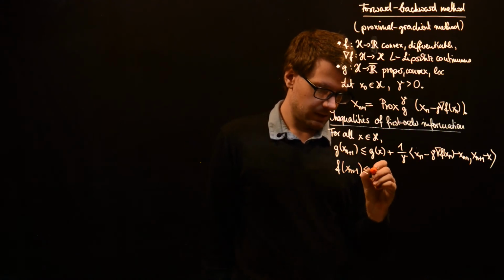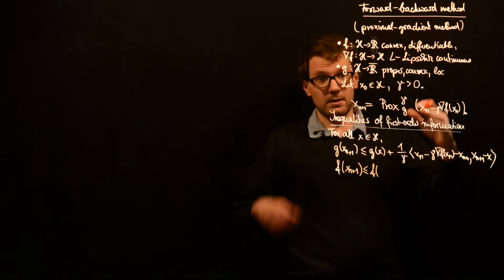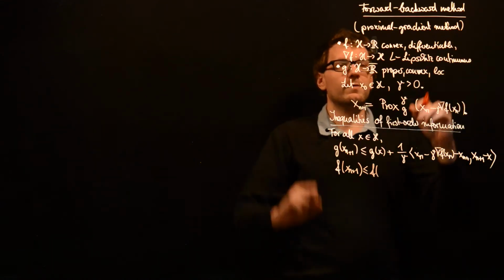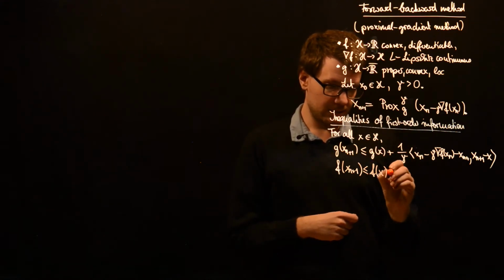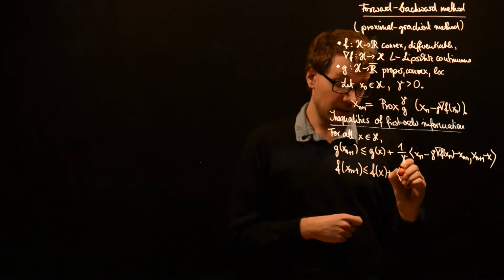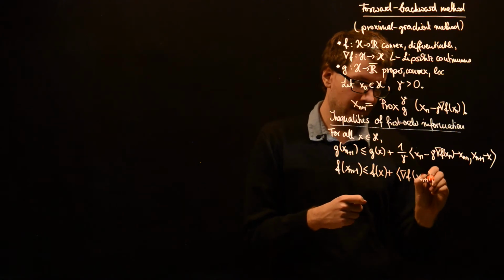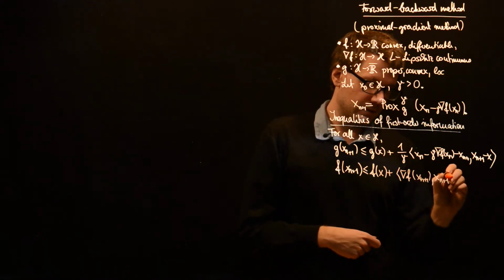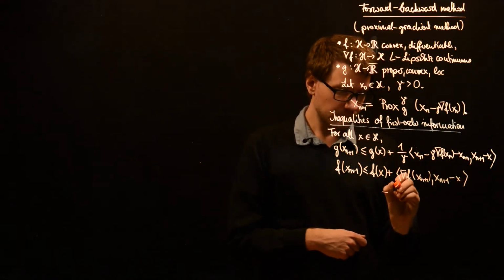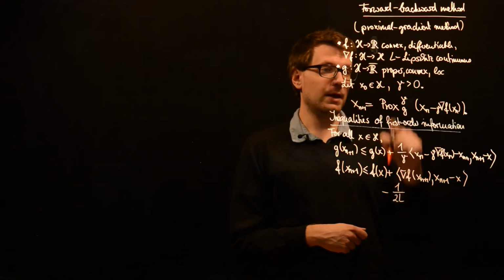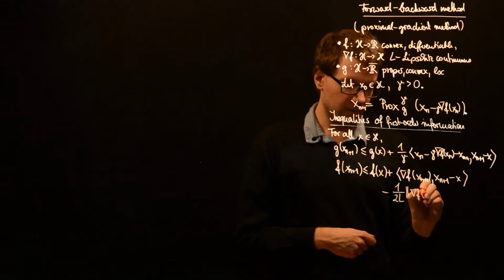So this means, as we have established in the video about functions f with Lipschitz continuous gradient, we can bound this by f of x plus the inner product of gradient f at xn plus 1 with xn plus 1 minus x, minus 1 over 2L, L being the Lipschitz constant, times the norm of the difference of the gradients here.